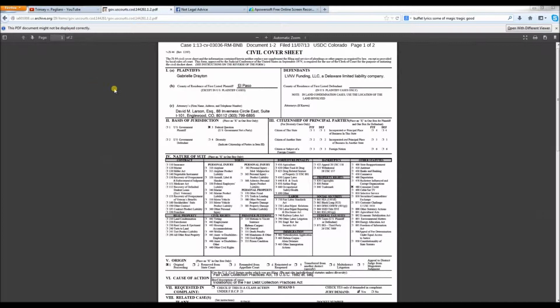Starting out with the plaintiffs, you list yourself here, your residence, what county you're from. This person's from El Paso County, so put your county there. Attorney's name and address. You're pro se, which means you're without a lawyer, so you put your name and address there.